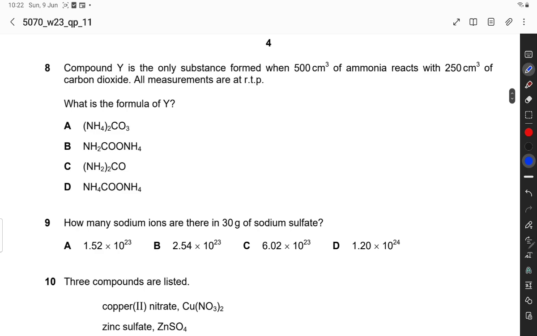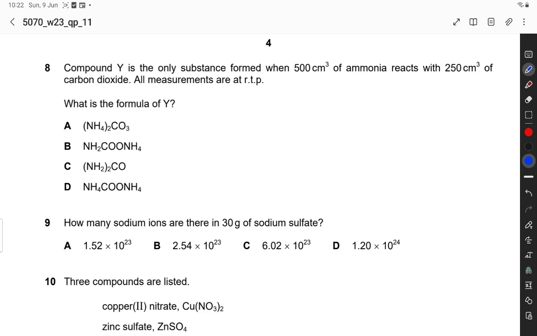Compound Y is the only substance formed when 500 cm³ of ammonia reacts with 250 cm³ of carbon dioxide.